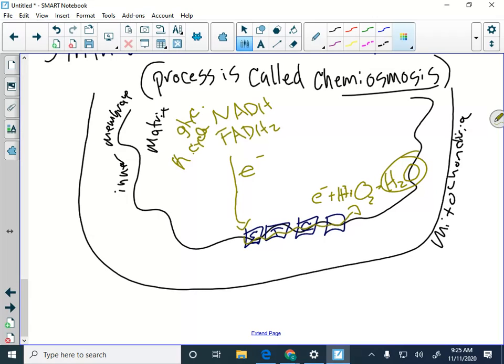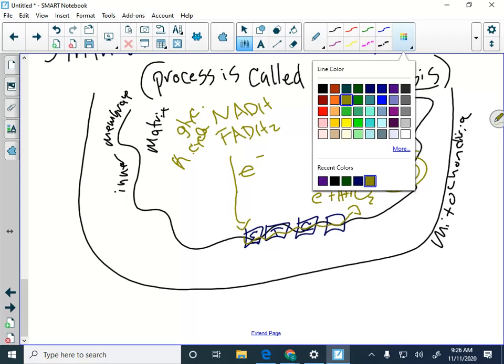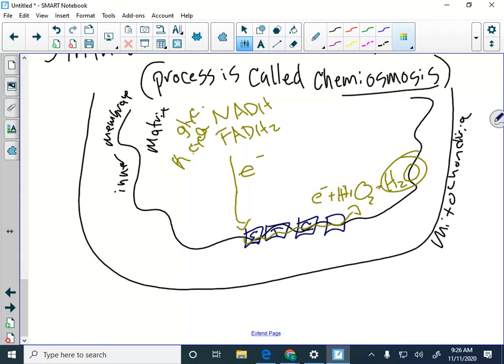So we've got our electrons from NADH and FADH2. They're going to be passed to the electron transport chain. At the very end of the electron transport chain, that oxygen is going to meet up with those electrons, meet up with those hydrogens, and give us water. But while this is happening, we are going to pump.